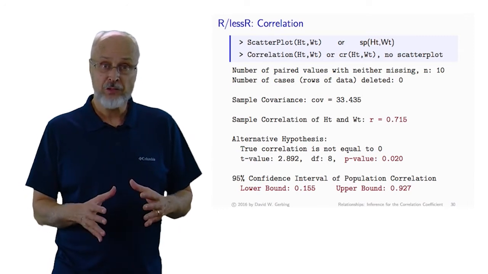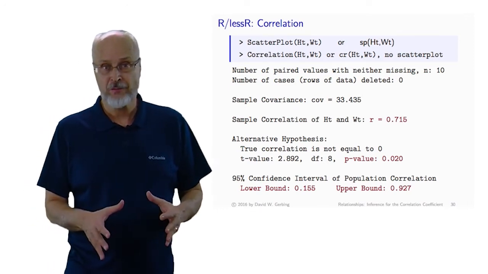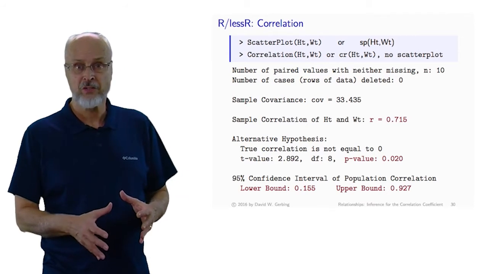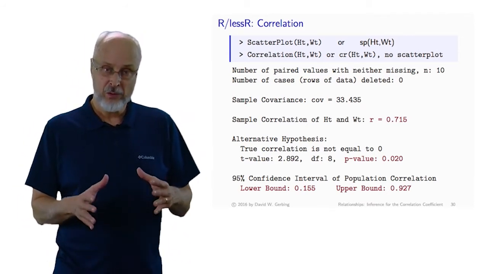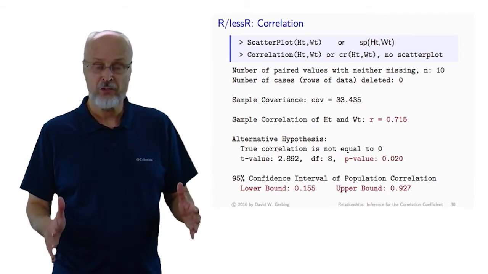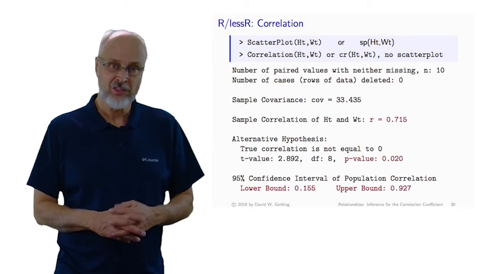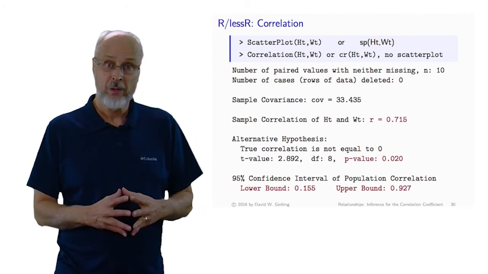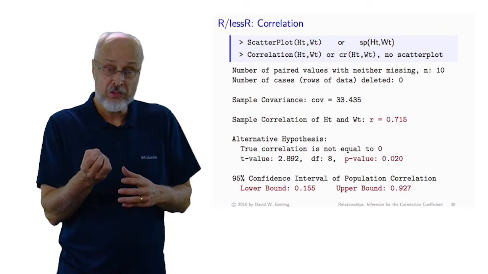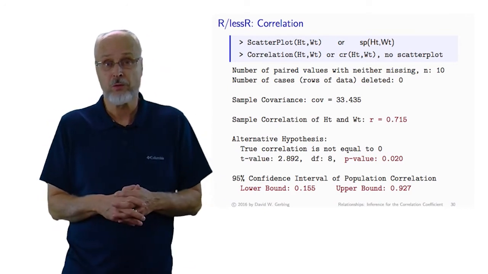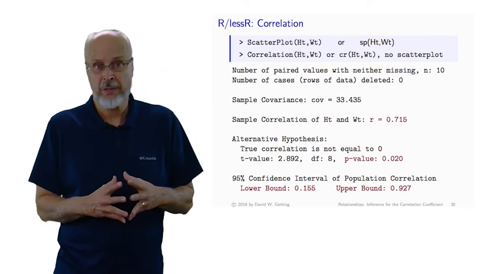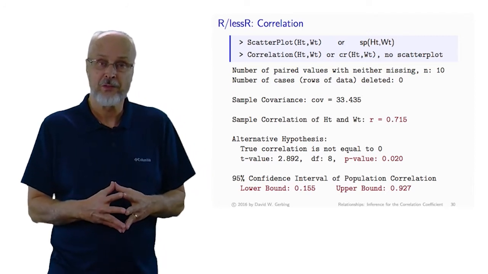And then we have the confidence interval, and you can see how wide that confidence interval is, from 0.16 to 0.93. And the reason why the confidence interval is so wide is because the sample size is so small. So we're saying that in this particular sample, we got a correlation of 0.72, but in the population, it could be anywhere from 0.16 to 0.93.